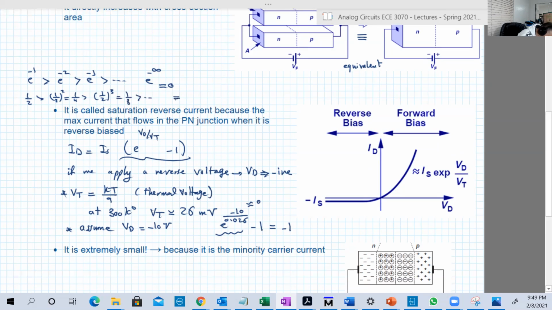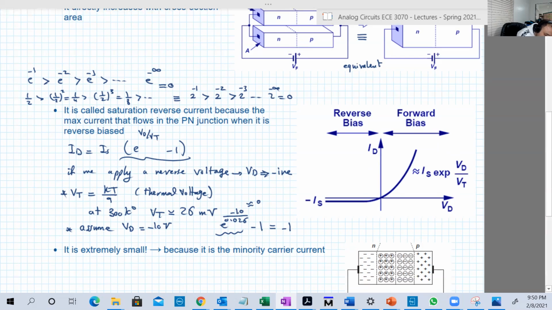So this is basically equivalent to saying that 2 to the power of minus 1 is greater than 2 to the power of minus 2, 2 to the power of minus 3, until 2 to the power of minus infinity, which is just 0. Half, quarter, 1 over 8, 1 over 16, 1 over 32, 1 over 64, until you reach 1 over infinity, which is just 0. That's exactly what we have here.